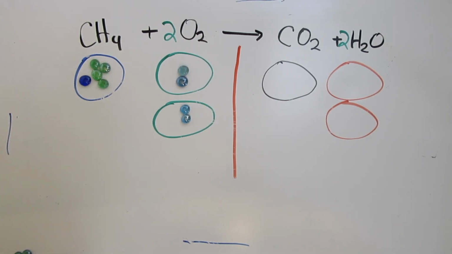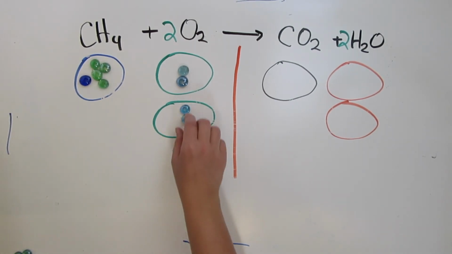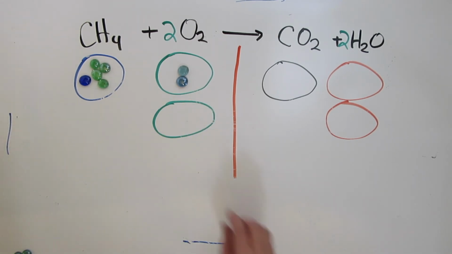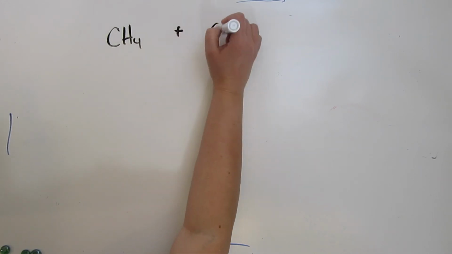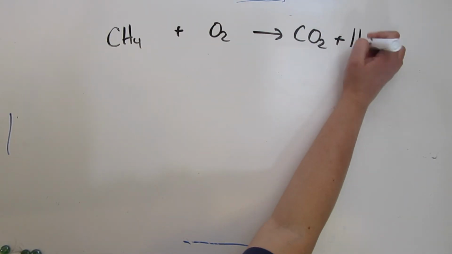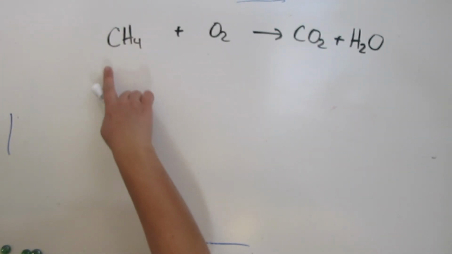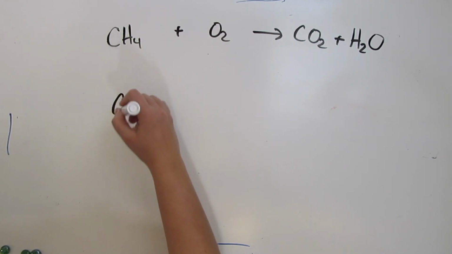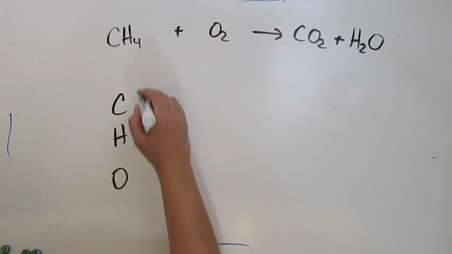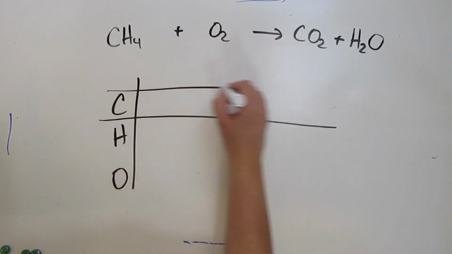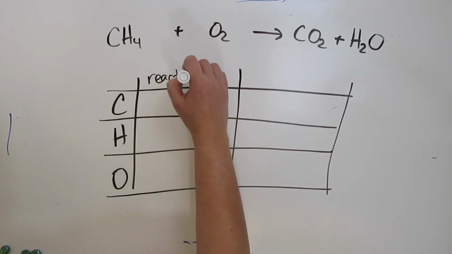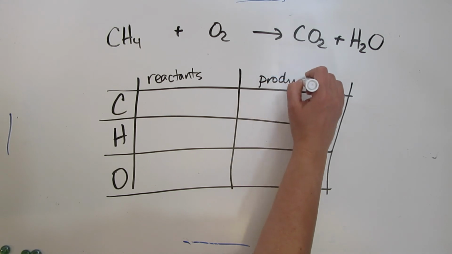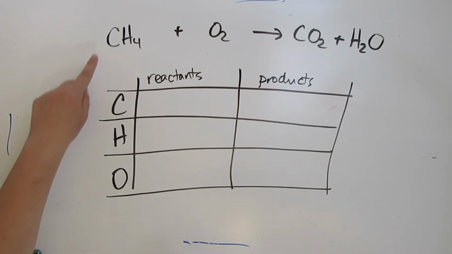So now I am going to show you how to do that using tally marks. What we're doing here is the same thing. We have three elements: carbon, hydrogen, and oxygen. So let's look at what we have at the start.